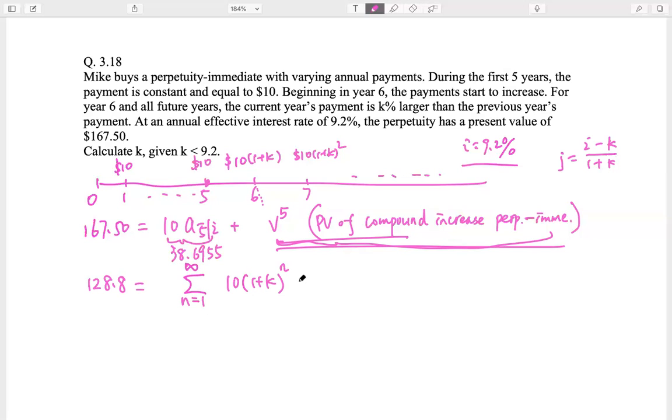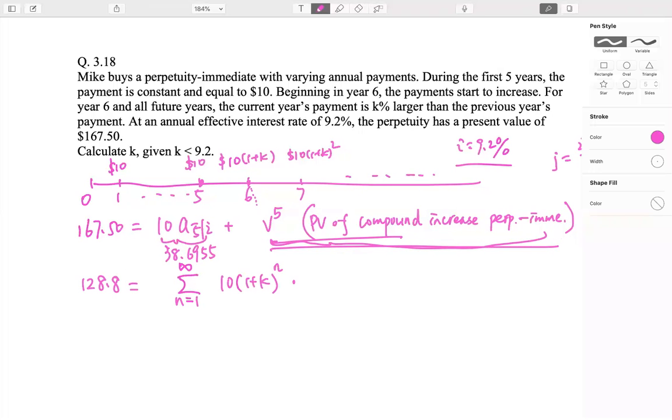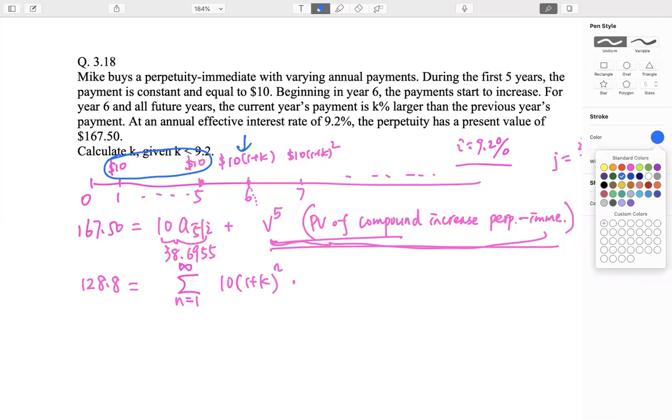I haven't taken care of the discounting yet. This is simply the payments. My first payment is here, right? So I have already taken care of this part. That's why I call this the first one. Okay, so the first payment is n is 1, then n is 2.